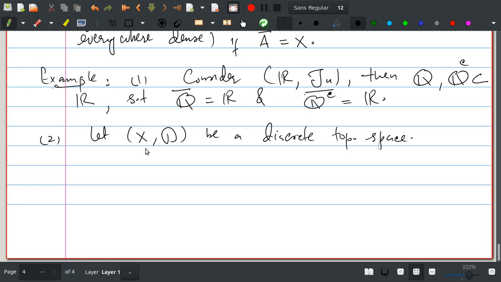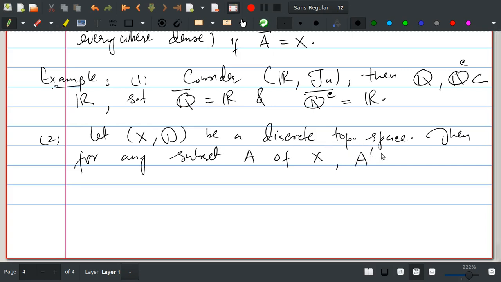So then for any subset, say A of X, A prime is empty. This we have seen in the last lecture that the derived set of any set in a discrete space is actually empty.